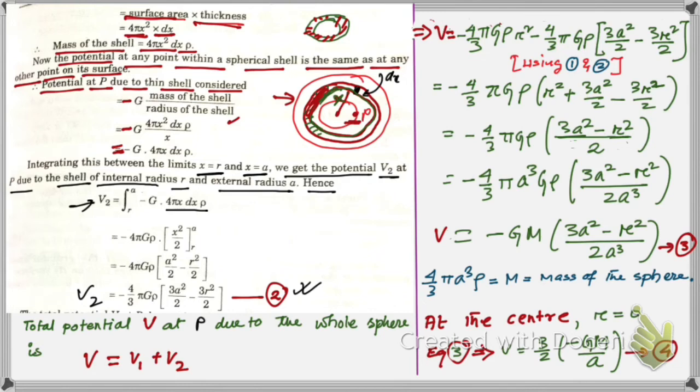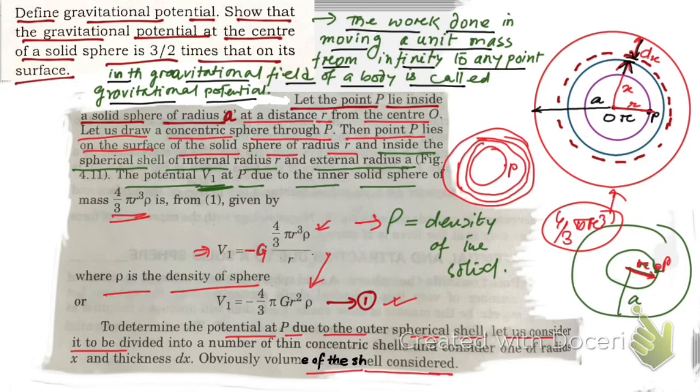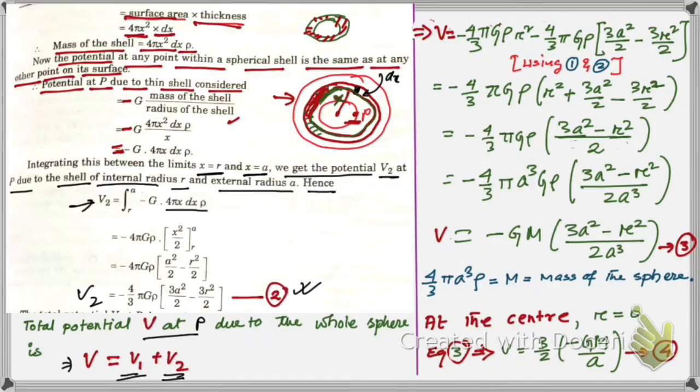Now the total potential at P due to the whole sphere will be given by V is equal to V1 plus V2. In equation number 1 we have got V1, and this is equation number 2.